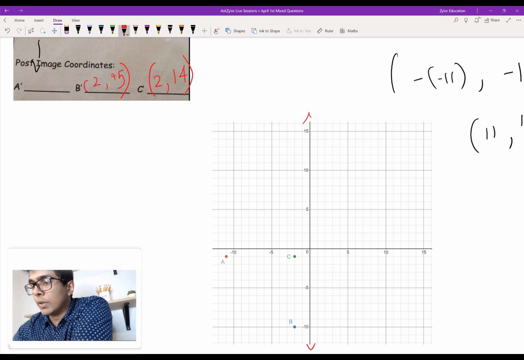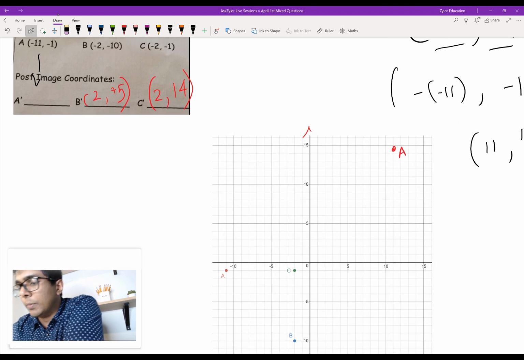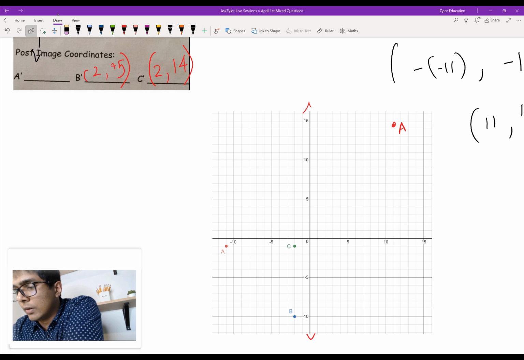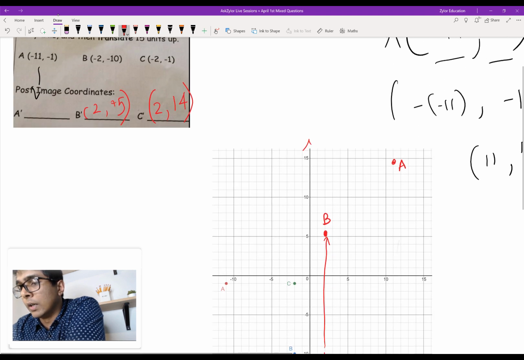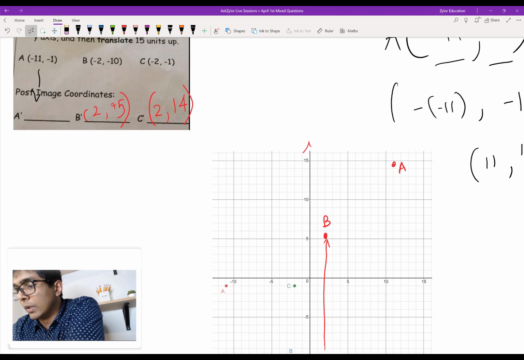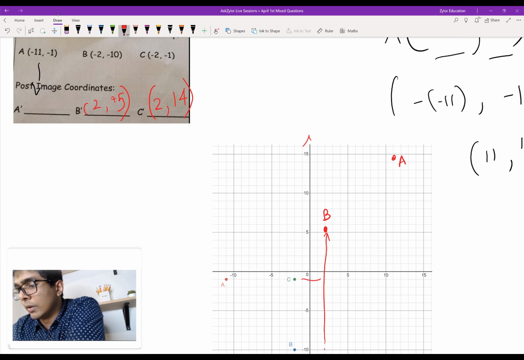So my points are going to be, this is going to be my A. My B transformed is going to be here, and then 15 up, so it's going to be here. And then my C is going to be -2 and 1, transformed to 2 and 14. So it's going to be reflected and then brought up all the way up here.